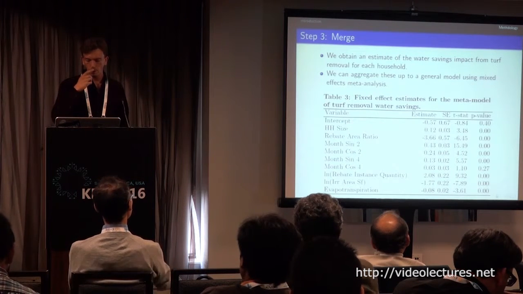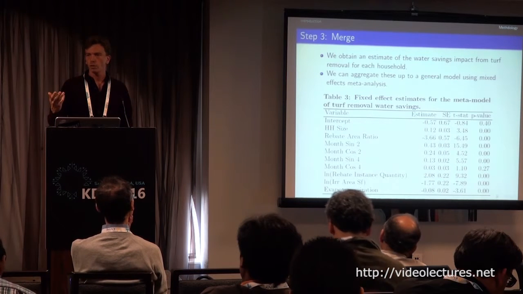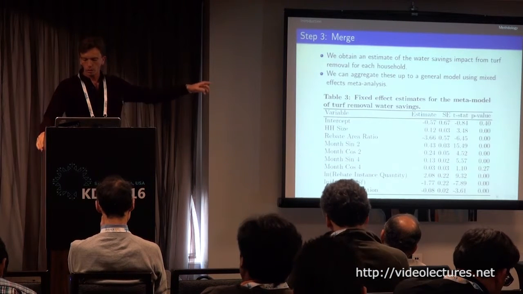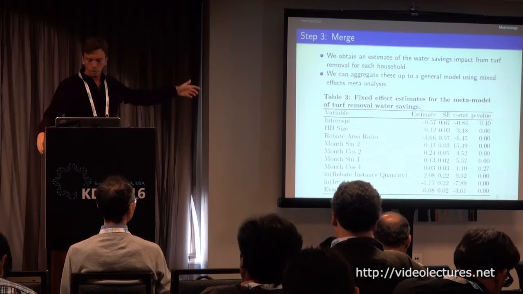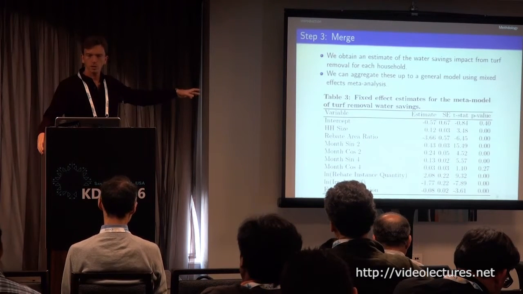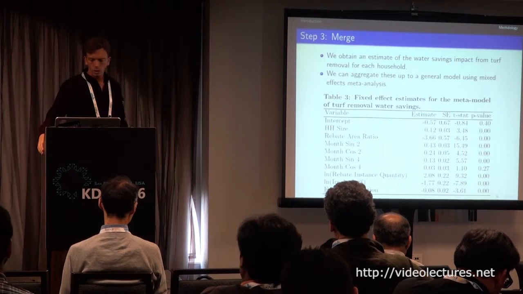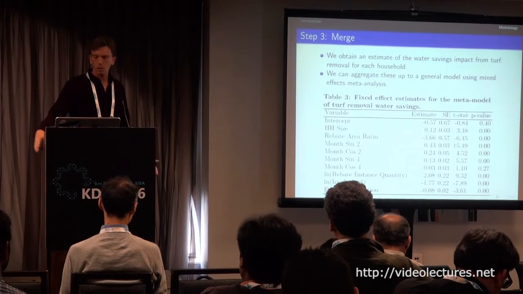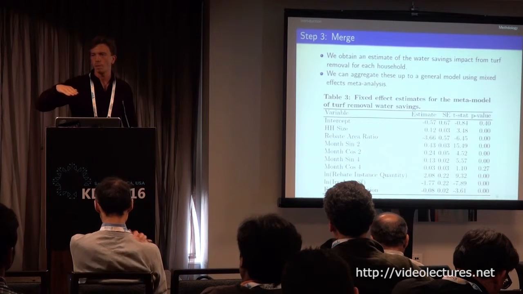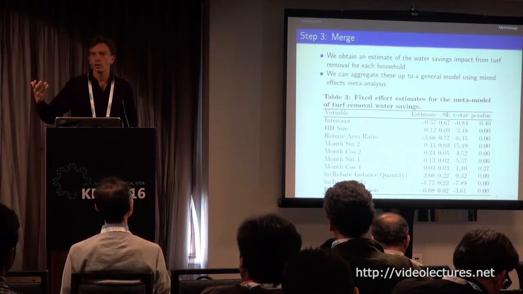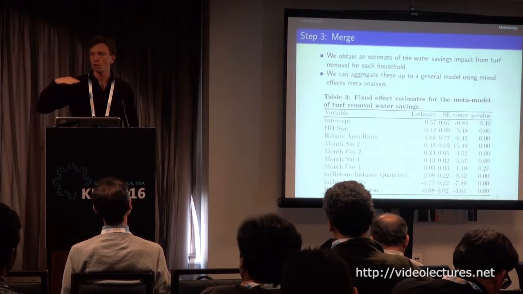So we have our estimated water savings as a dependent variable, and these here as our independent variables. Most of the responses are pretty intuitive. Evapotranspiration, for example, is negative, meaning more water savings. So if hotter, drier weather, you save more water.